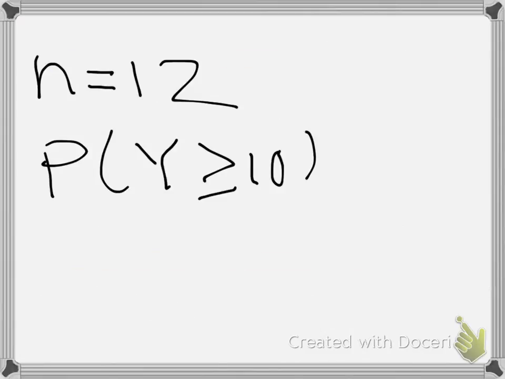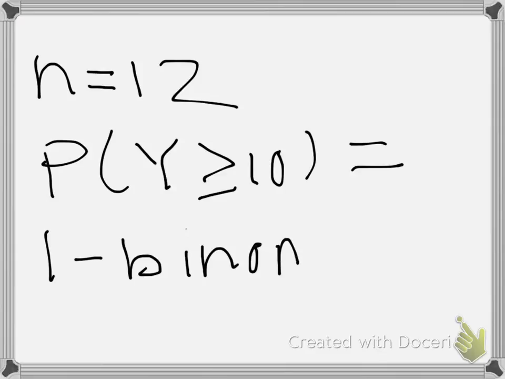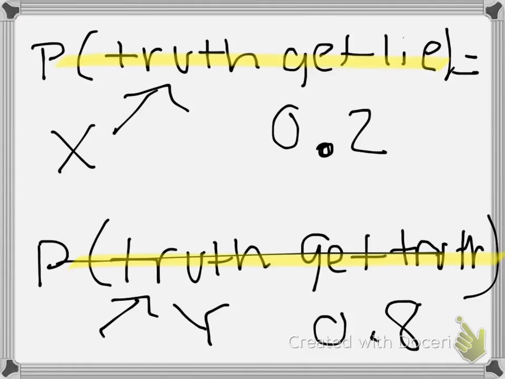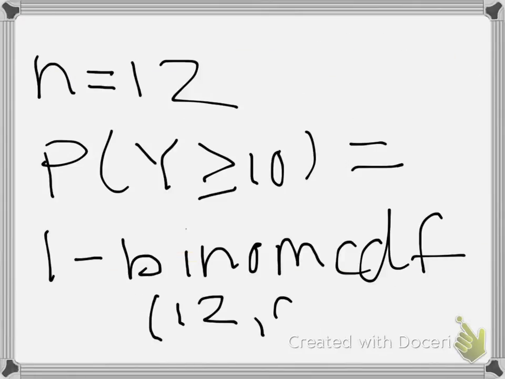So now for the probability that Y is greater than or equal to 10, you're going to do 1 minus the binomCDF, Y is a binomial. We have a fixed number of trials, where you're going to put 12. You are going to put the probability 0.8 from right here. And then we want to know for 9, because that's what we don't want.